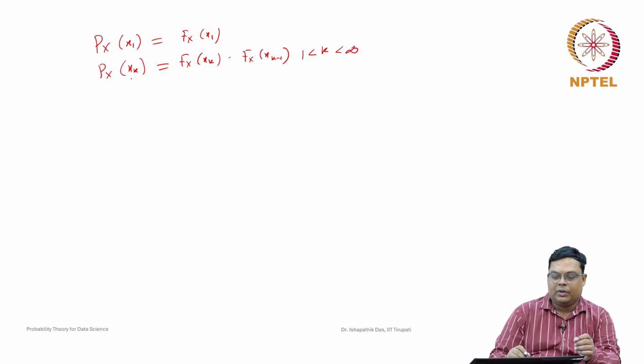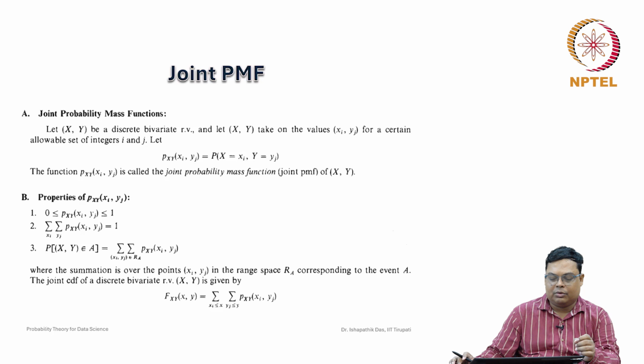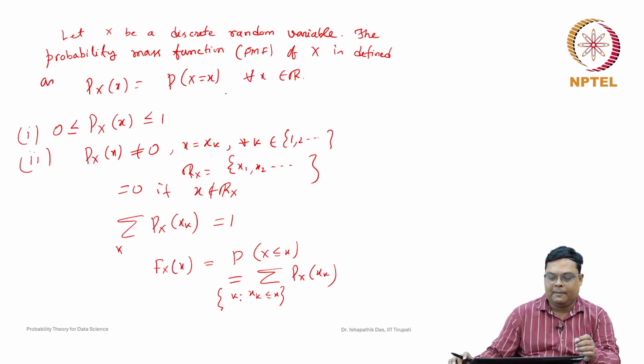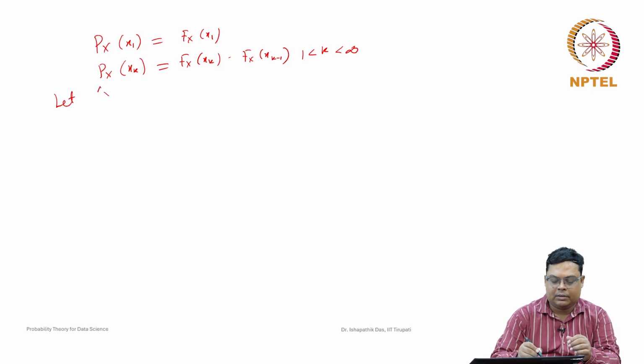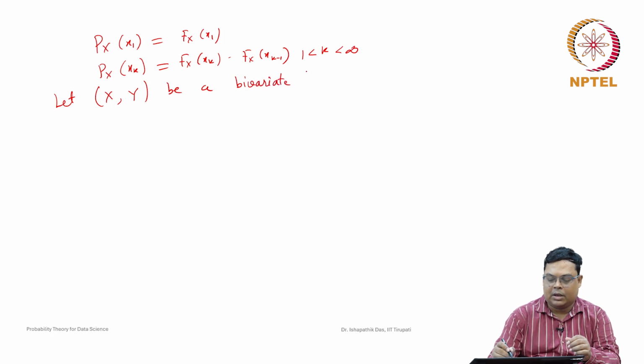Now, for joint distribution, joint random variable: let (X, Y) be a bivariate discrete random variable.